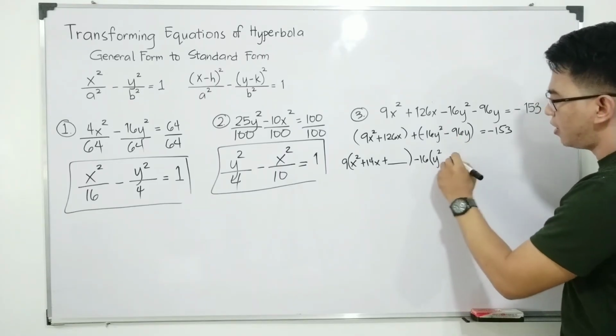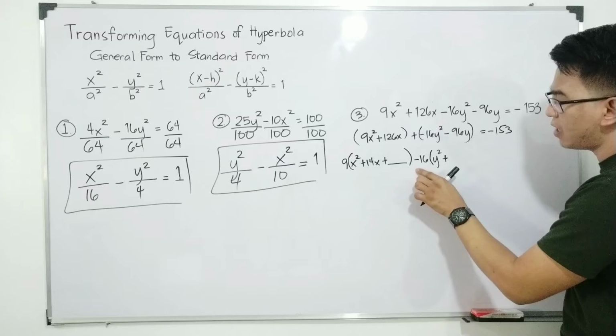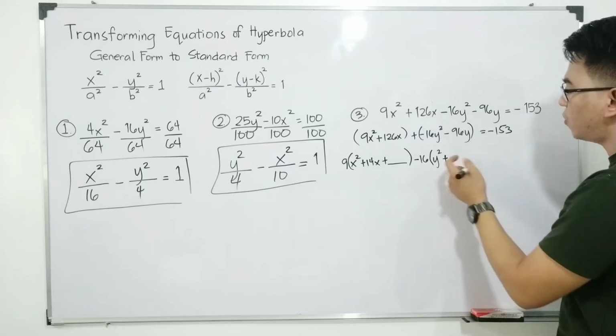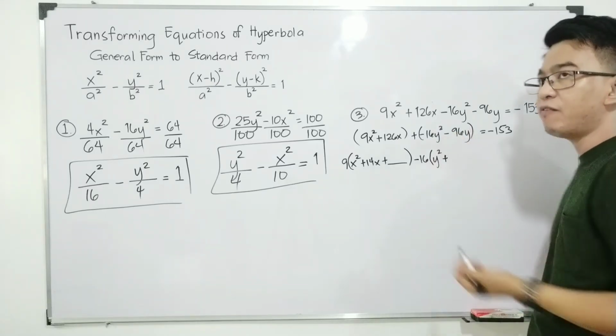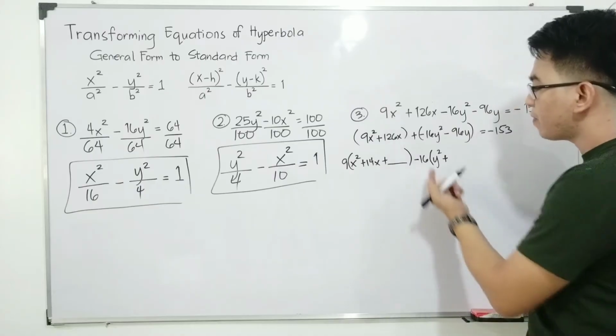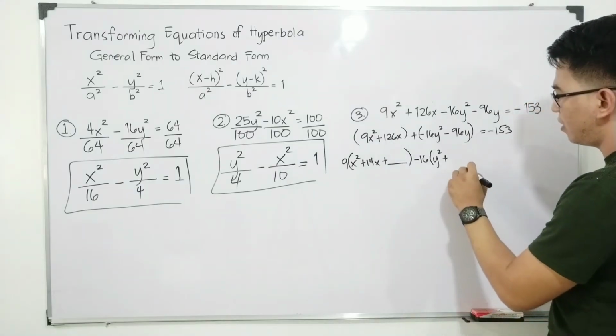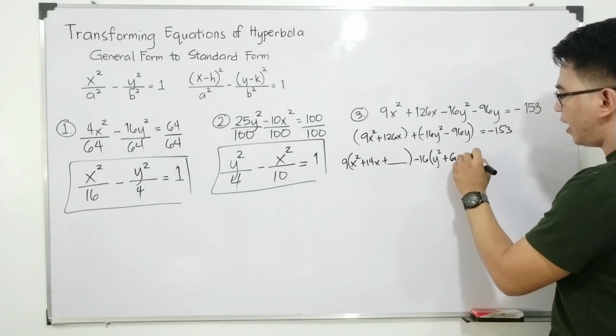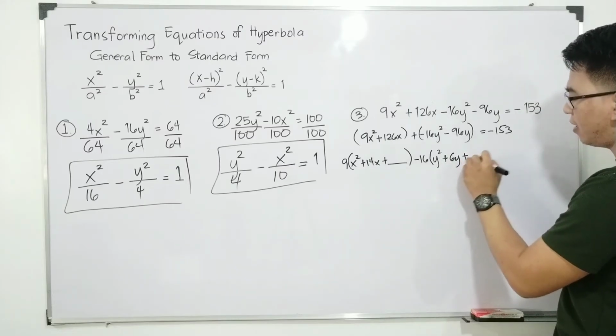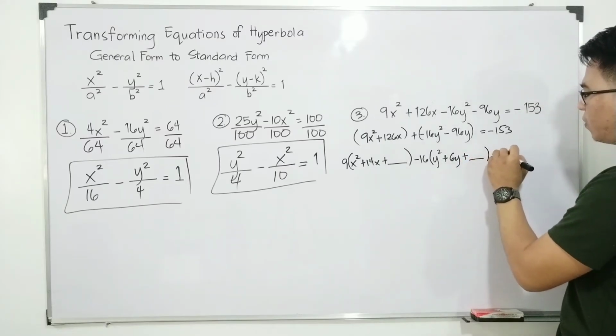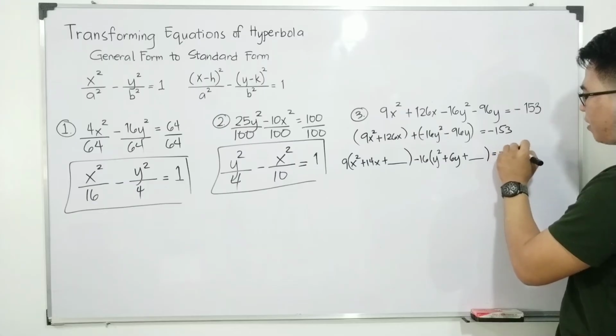Ito naman, this is also positive because negative divided by negative is positive. So, ang magiging quotient ng negative 96y divided by negative 16 is positive 6y. And then maglagay rin tayo ng blank positive term is equal to negative 153.